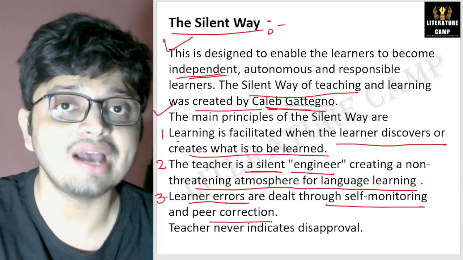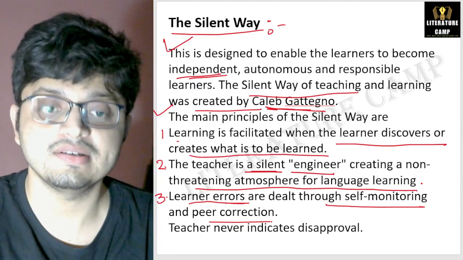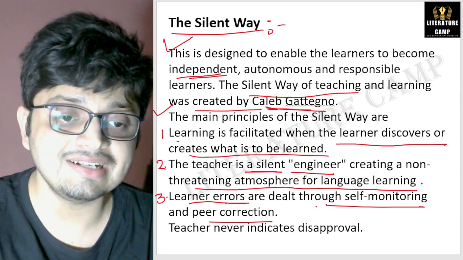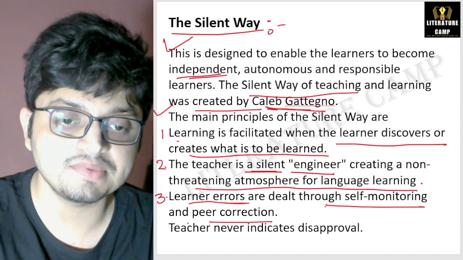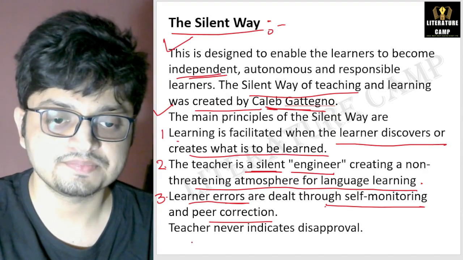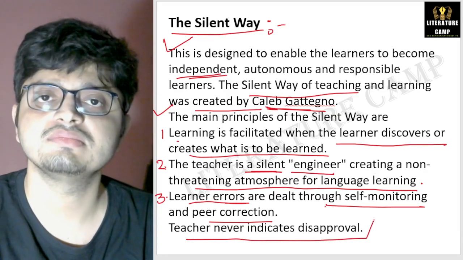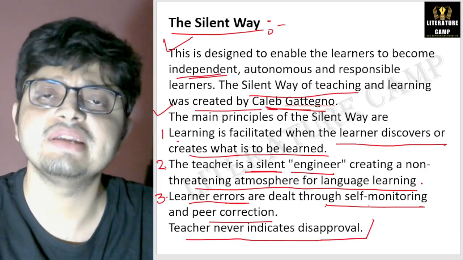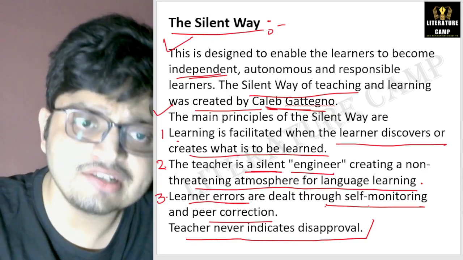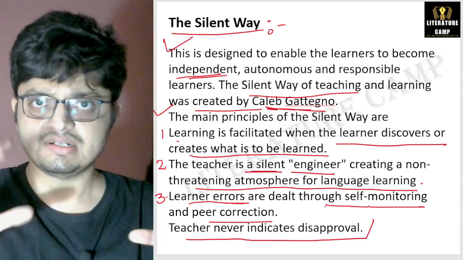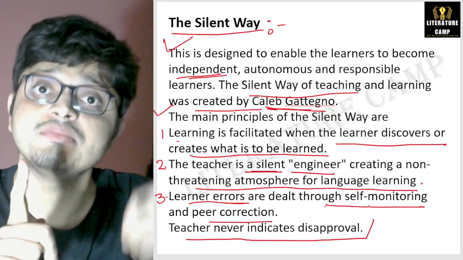So you will identify your own error. Teachers never indicate disapproval. Teachers are also independent in this. So in the silent way method, teachers are independent, and students are more independent.